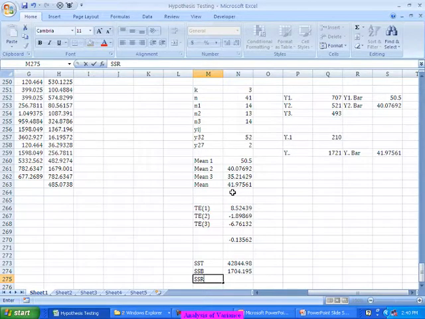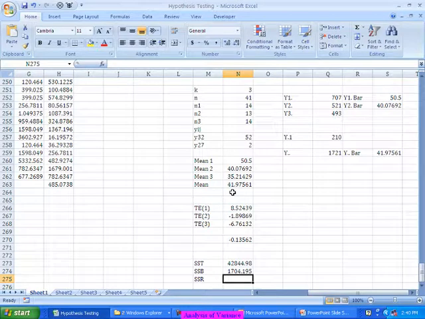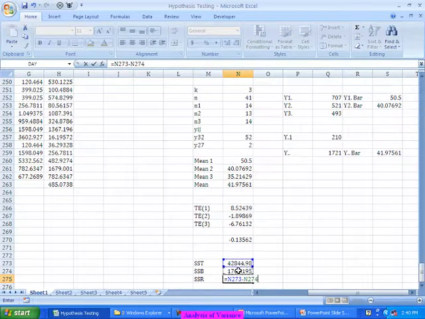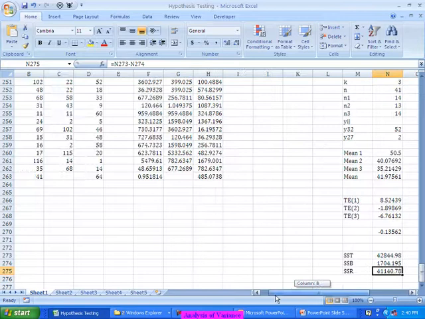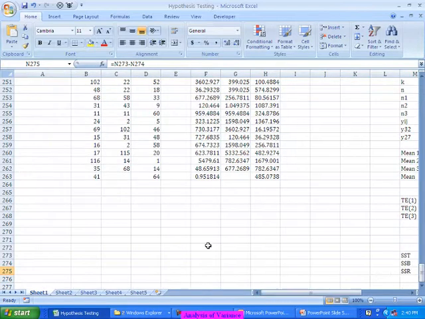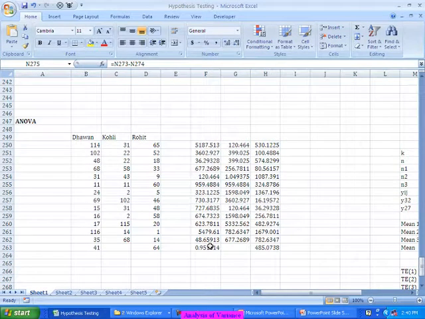SSR is the term we use for the sum of squares within the treatment. So what do I do for that? Logically speaking, I should get it as the subtraction between the two, so I should get 41,140.